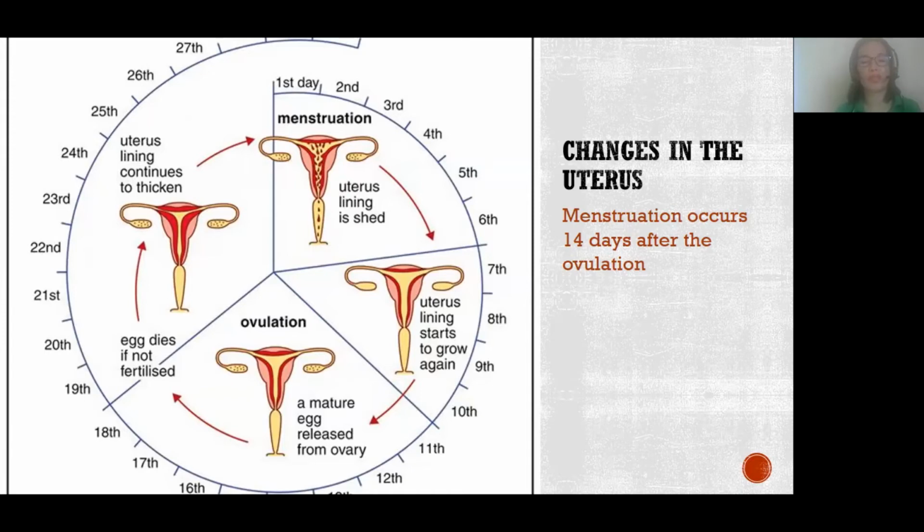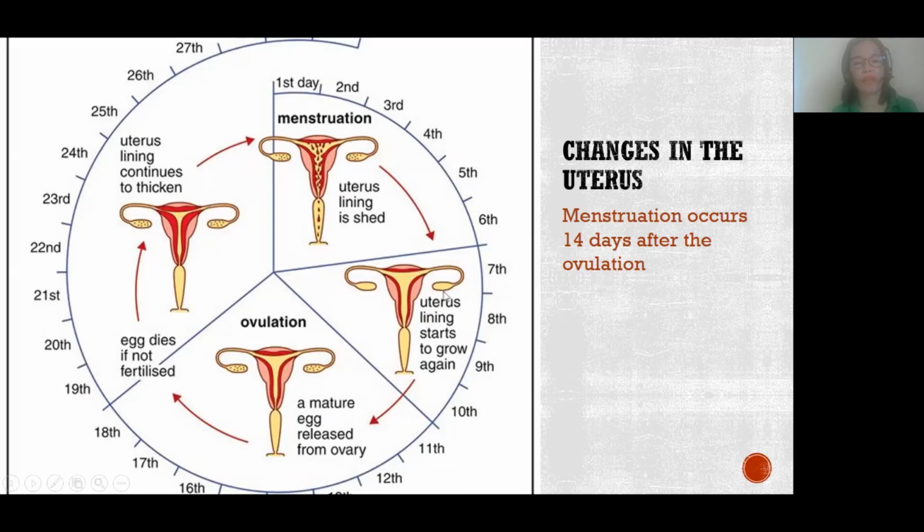And you see here the changes that occur in the uterine lining in the uterus in a 28-day cycle. So here in the bleeding days, menstruation, the uterine lining is shed. The uterine lining breaks, and then it sheds, and it comes out here in the vagina.